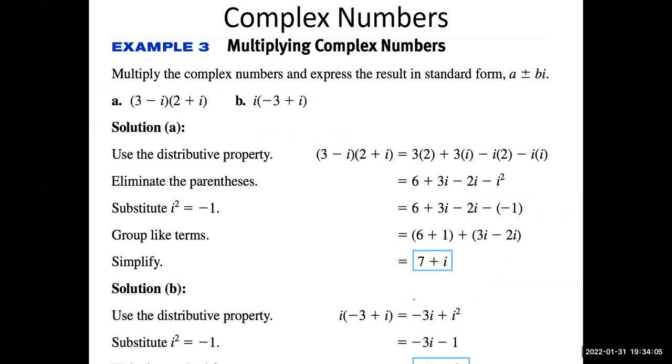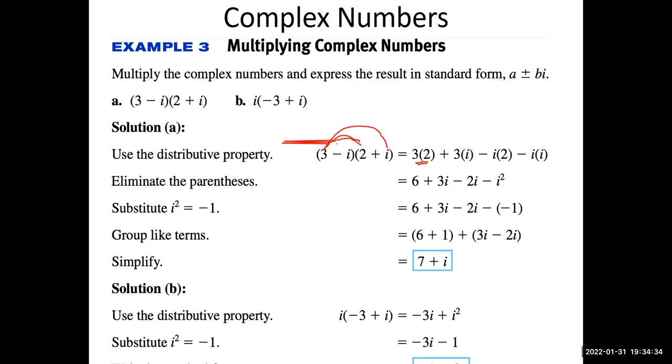Okay, so let's have some other examples here. So let's multiply the quantity 3 minus i by the quantity 2 plus i. Okay, so multiply daw natin ito. Again, let's use the distributive property. So yung FOIL method, so that is 3 times 2 and then 3 times i.